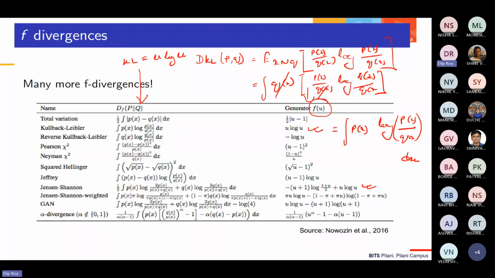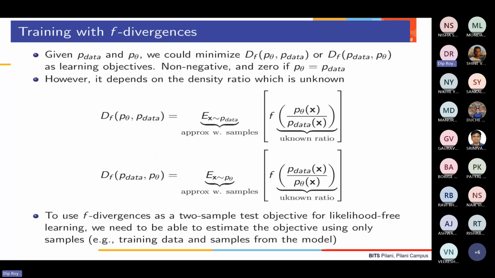That is the whole idea: we have moved beyond the KL and Jensen-Shannon divergence to F divergence, which is the umbrella over all types of divergence generalization. Now we want to train using this generalized form.